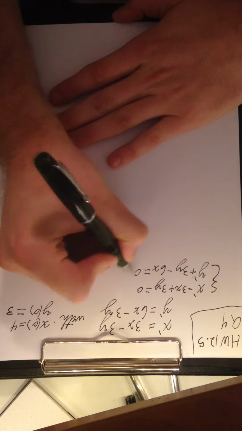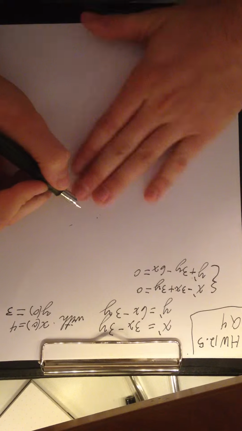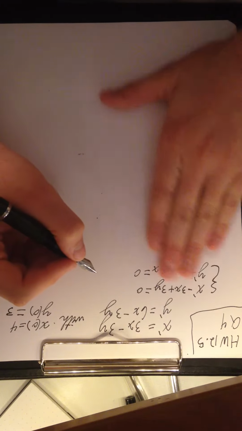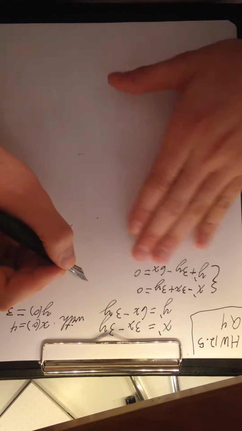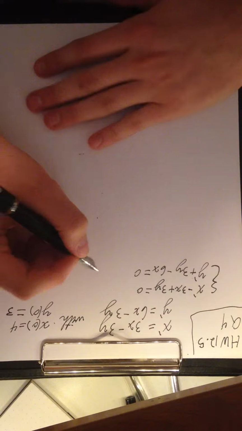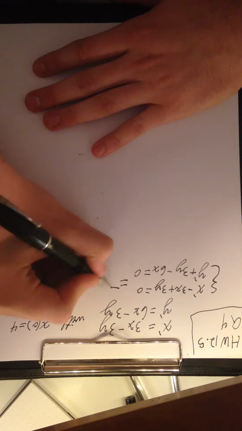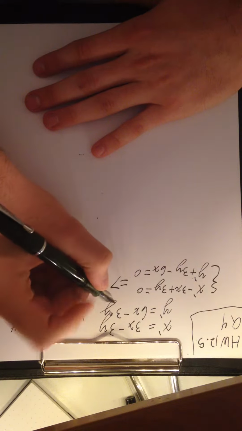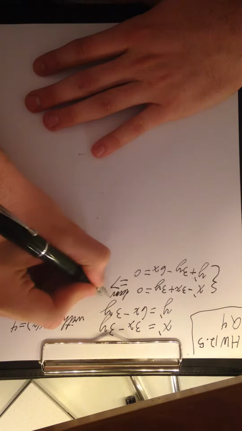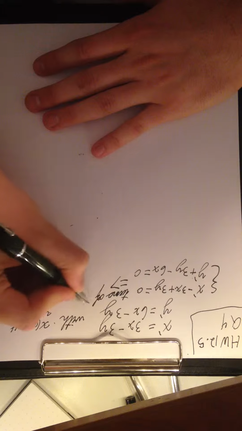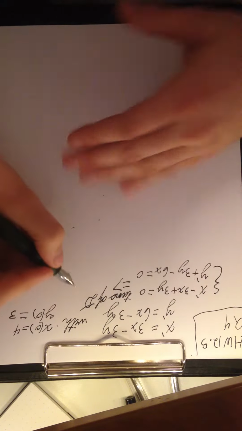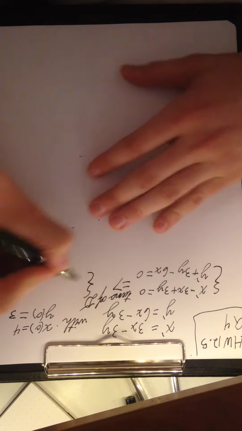Now that that's out of the way, I can clearly see what my two functions are without having to worry about whether they're positive or negative. We can see completely what they are. And now we're going to want to rewrite these in terms of D. I'm just going to say D for now for simplicity's sake.